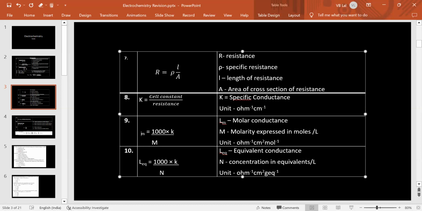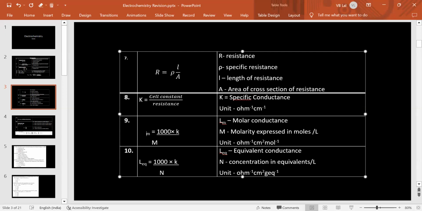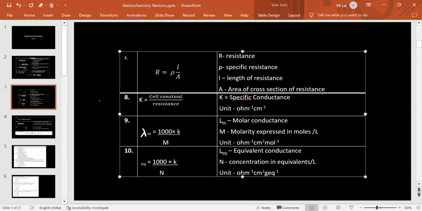Here also it is lambda instead of L. In some places I was able to correct it. This is also lambda. Okay, so these are the formulae.